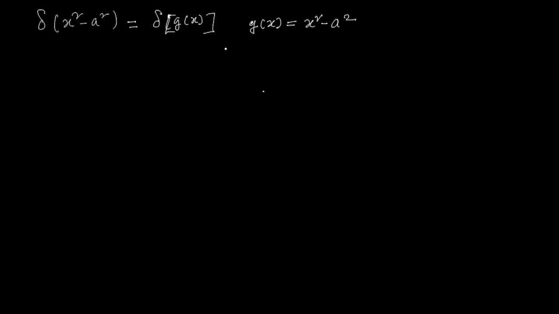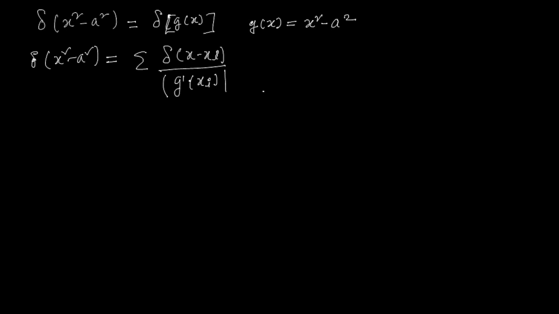Once you know this function, then we can write delta of x square minus a square is equal to summation over delta of x minus xi divided by mod of g prime of xi, and i goes from 1 to n. So what is g prime here? G prime is the first derivative of g, that is dg by dx.